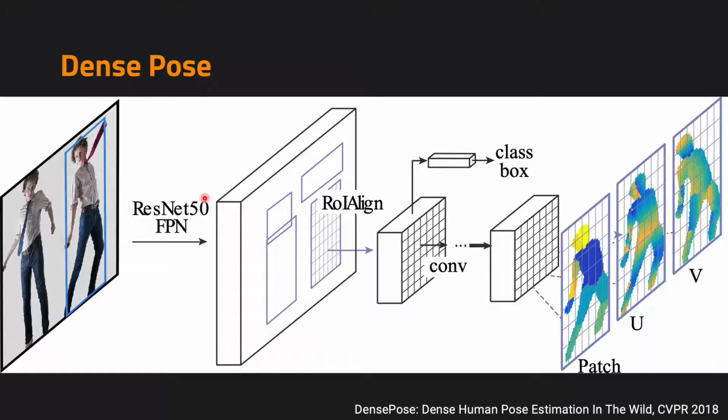So the solution is actually very similar to Mask R-CNN. We can still use ROI Align to extract the feature map for the detected object. And then on the feature map, instead of only segmenting the foreground and background to find the target object, we can do a multi-way classification to find the different parts of the objects.